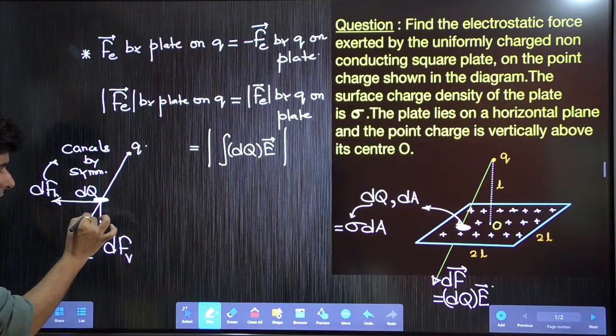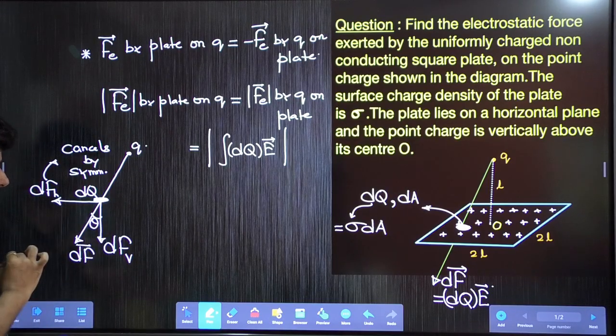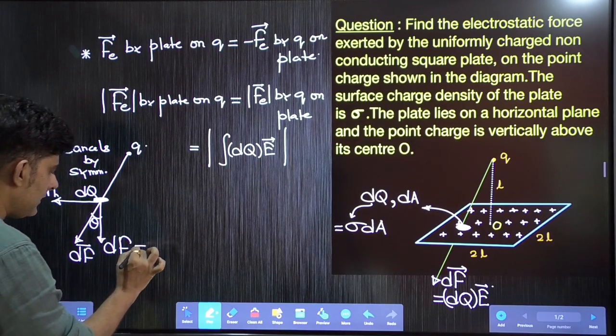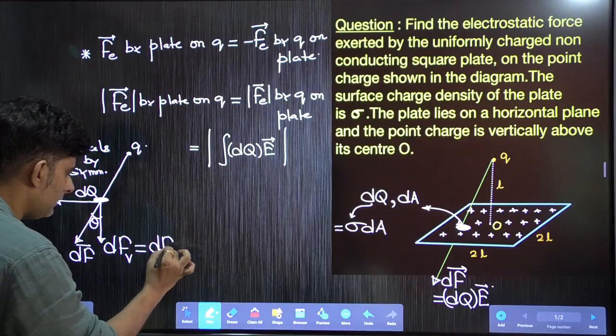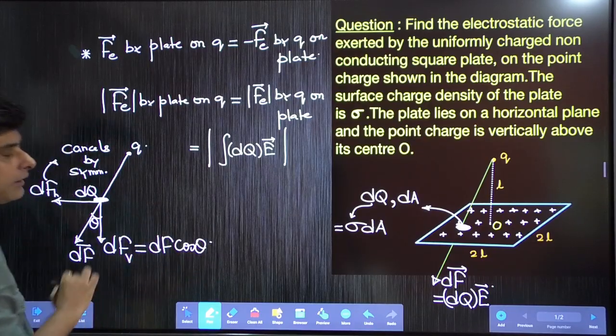So when this cancels by symmetry, which one will remain? dFV. Now suppose this angle is theta, so dFV is nothing but dF cos theta.